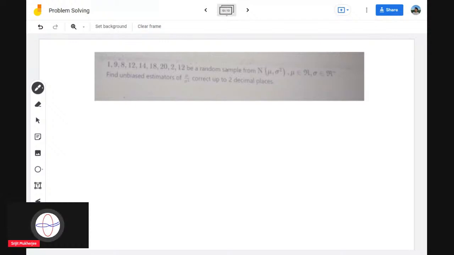Can you give me an estimate of mu by sigma square? Let's forget unbiased estimate. Can you give an estimate of mu by sigma square? Nikhil? Anyone?